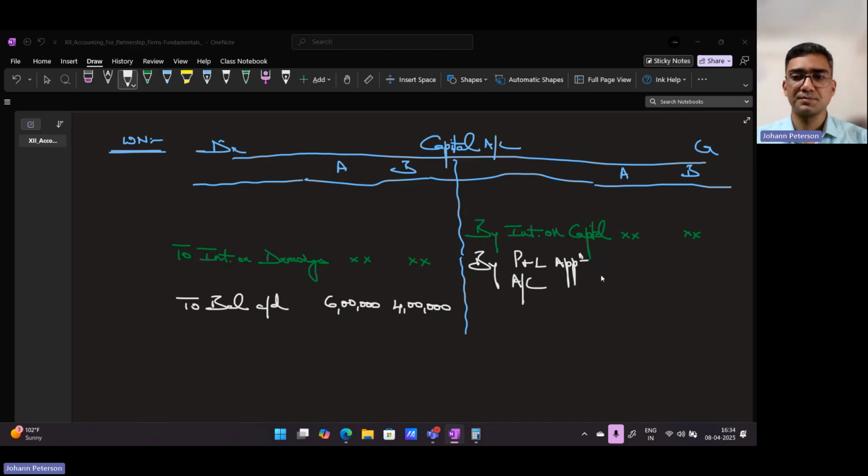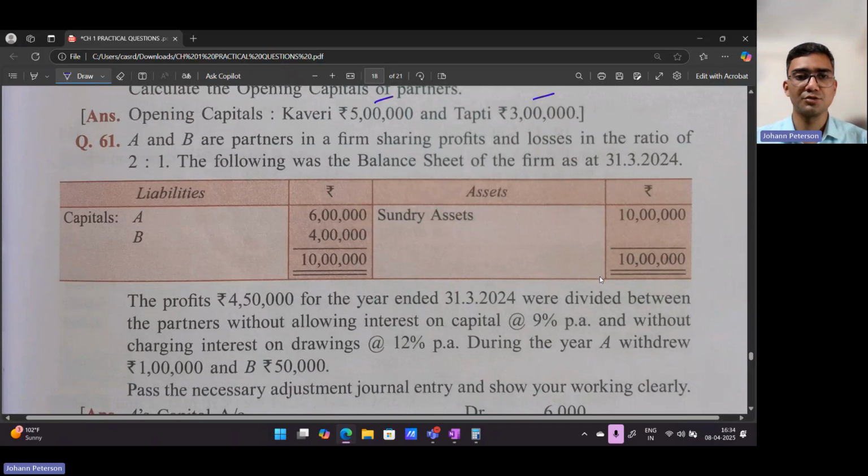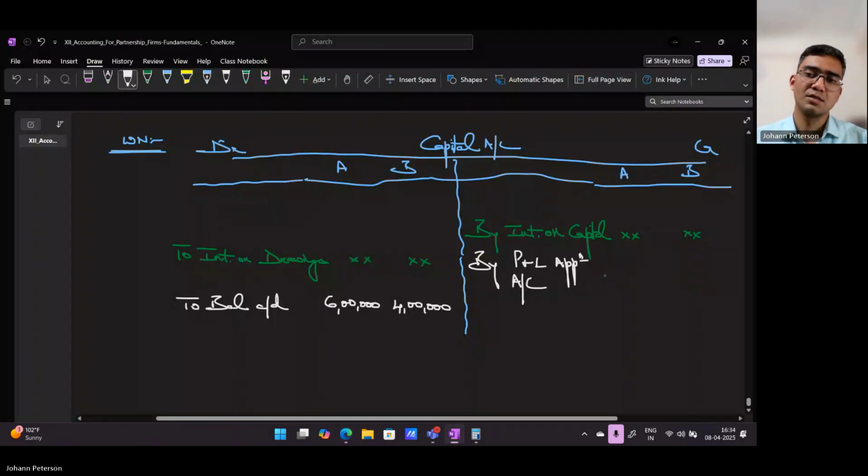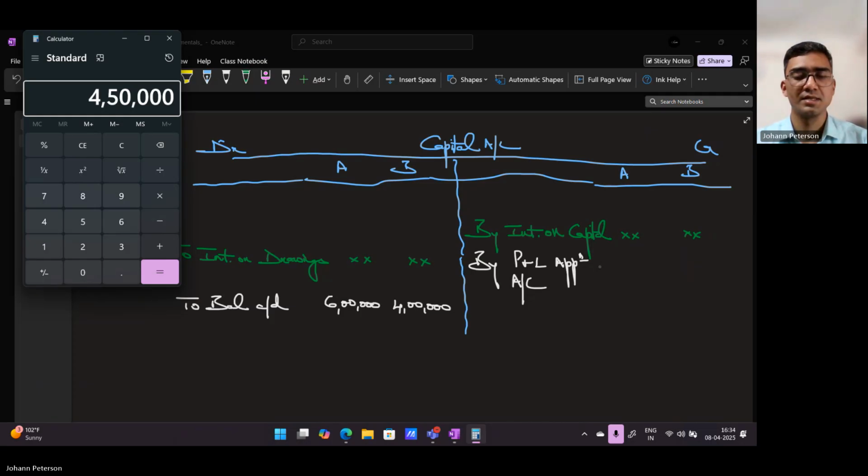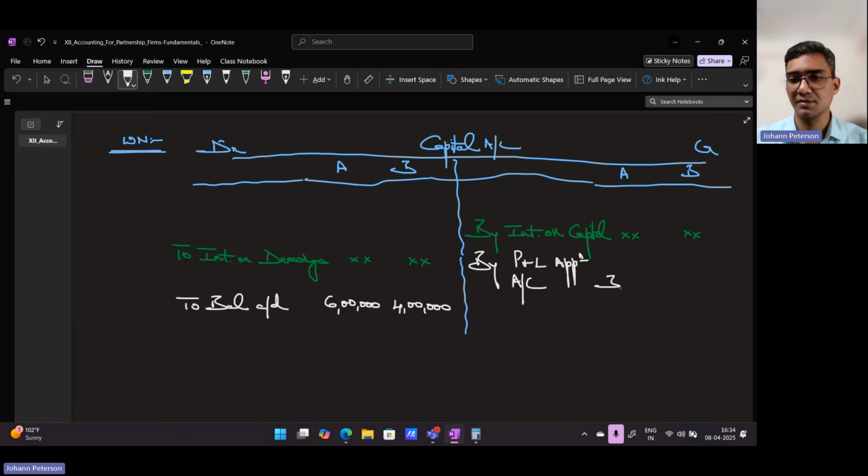And the amount is 4,50,000 in the ratio of 2:1. So 4,50,000 into 2 divided by 3 makes it 3 lakh and 1,50,000. Okay. This is what is there.